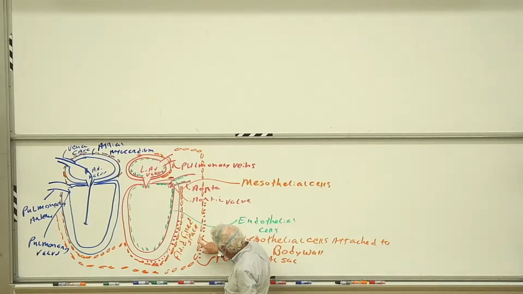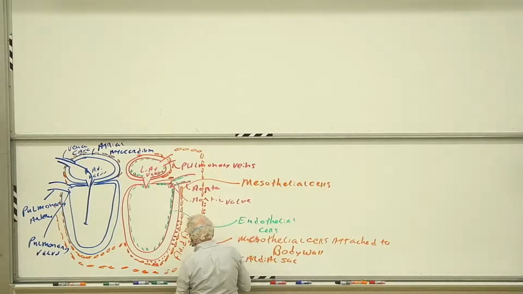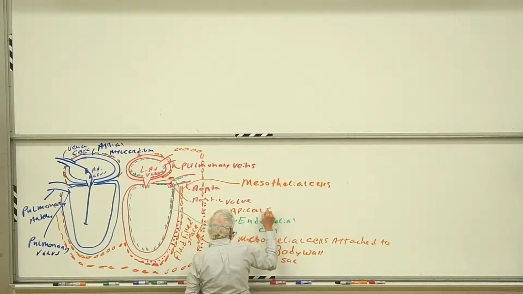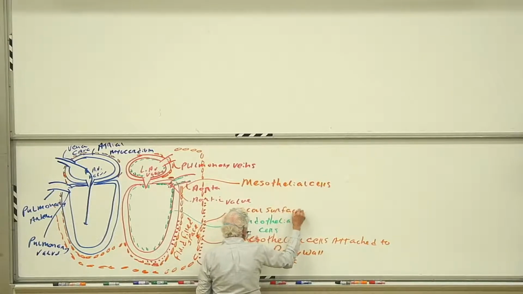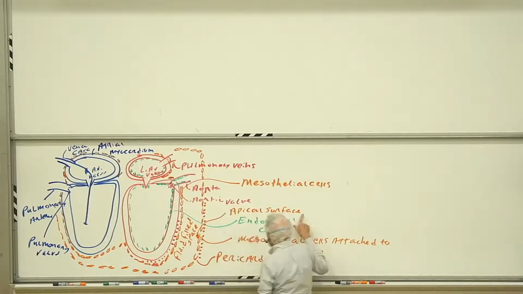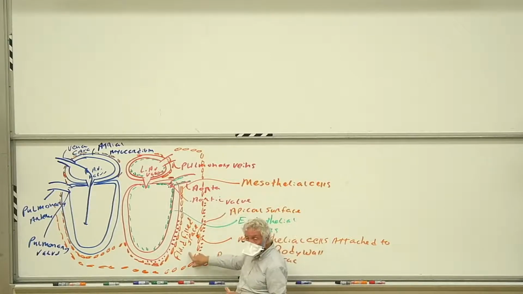Again, over here, there's an apical surface that's pointing into the lumen of the pericardial sac and a basilar surface attached to the wall of the heart. It's these apical surfaces from which we secrete those fluids. So this is meant to be an apical surface. And that's where the secretion of fluids is into the fluid-filled space.